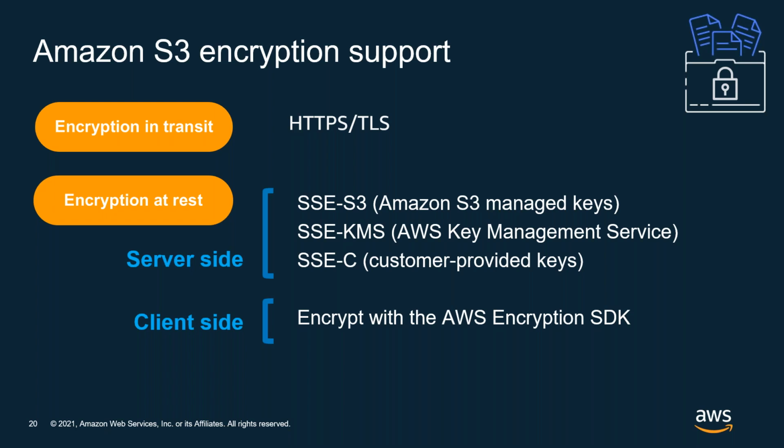Then there's SSE-C, which would be customer provided keys, and lastly, there's client-side encryption, which is where you can basically use our AWS SDK to encrypt the file before it even leaves its source.